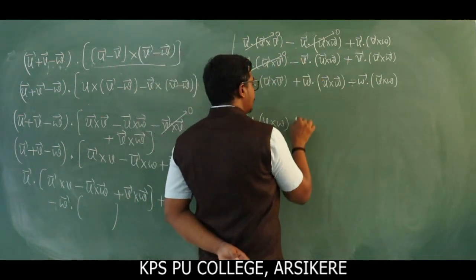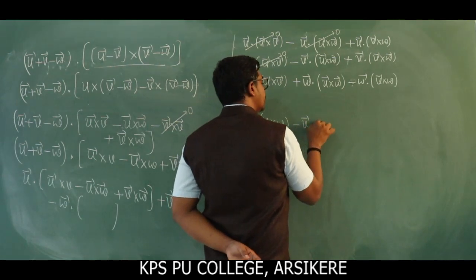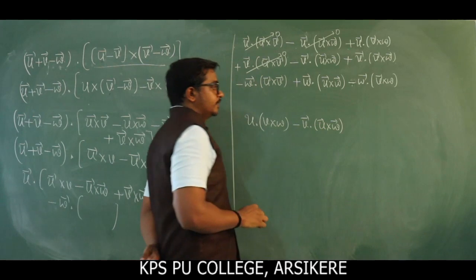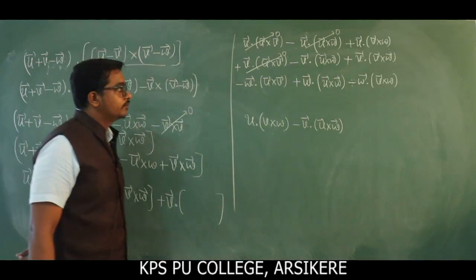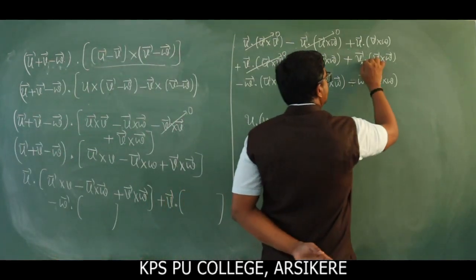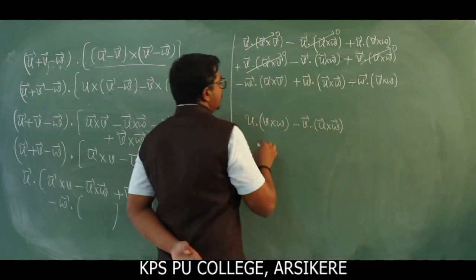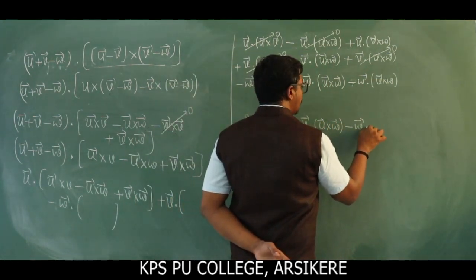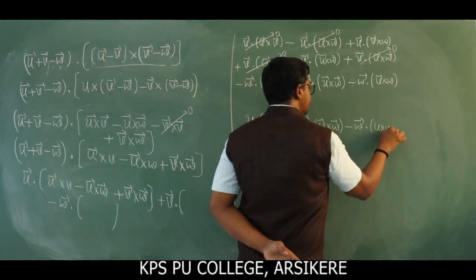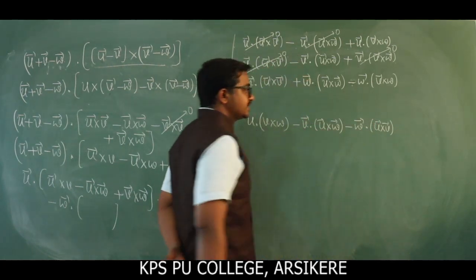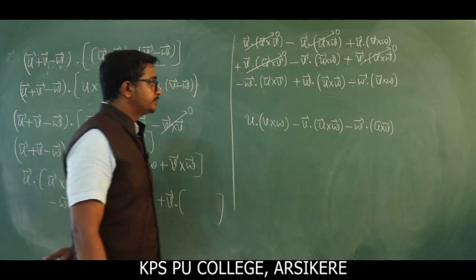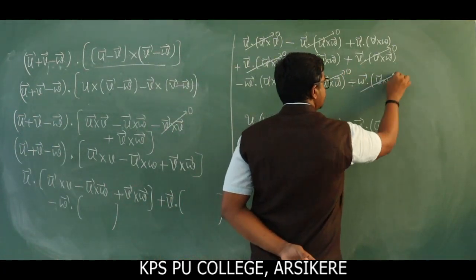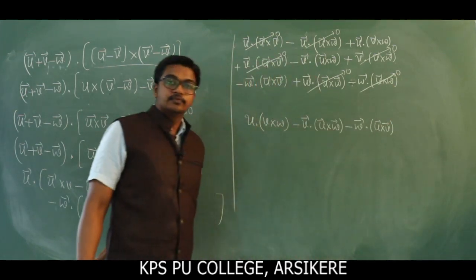Here also minus v dot u cross w with u cross w, this quantity also becomes 0. So here minus w dot u cross v, and here w repeats 2 times, that value becomes 0, here also that is 0.